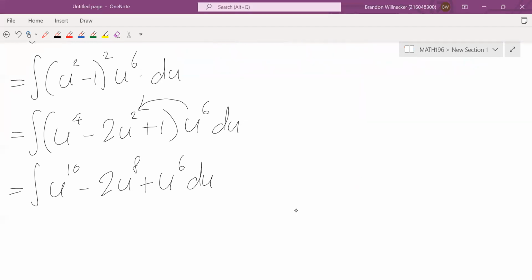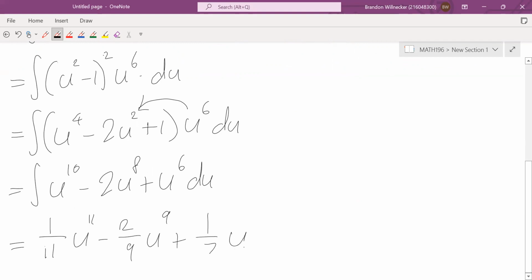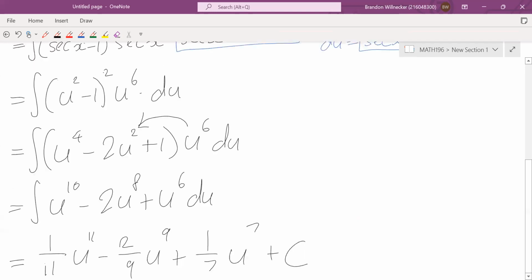Okay, now we need to integrate. That's easy enough because it's just simple powers. So we're going to get 1 over 11 u to the 11 minus 2 over 9 u to the 9 plus 1 over 7 u to the 7. And don't forget the plus c. But we're not done yet.